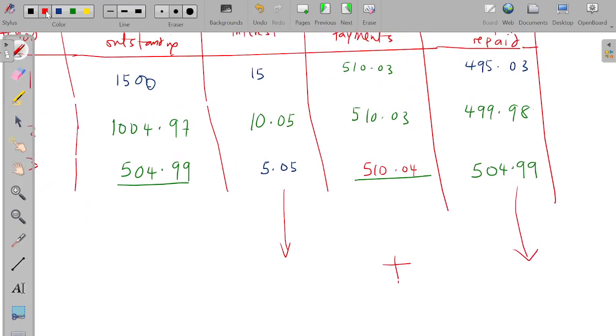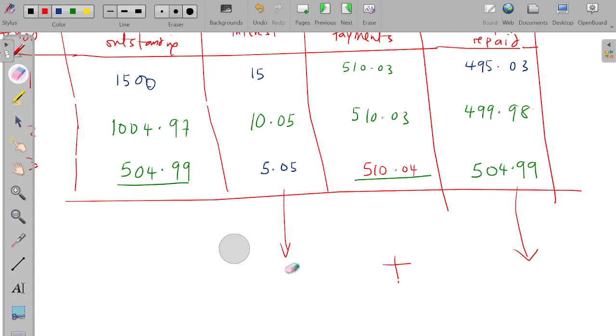If you sum up the whole of this, you are going to be getting our 1,500, the money we held in the first place. Then we are going to be getting this for this one.